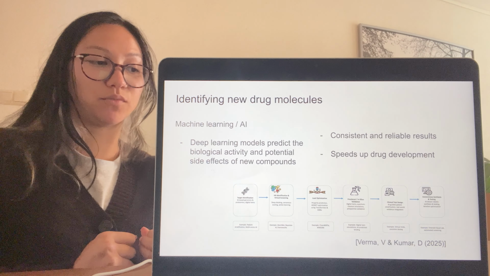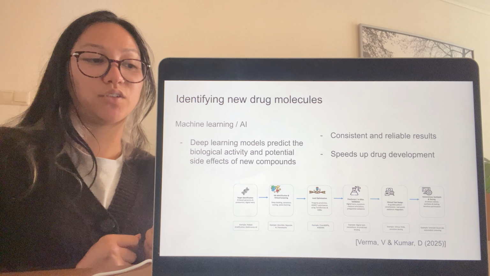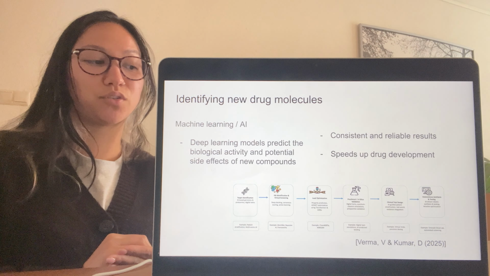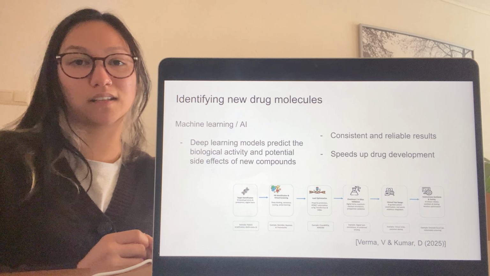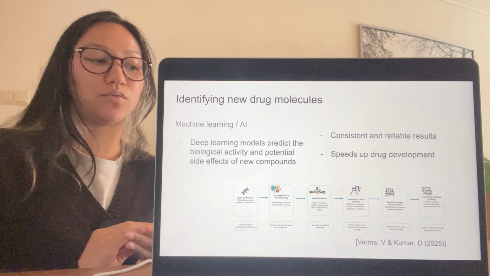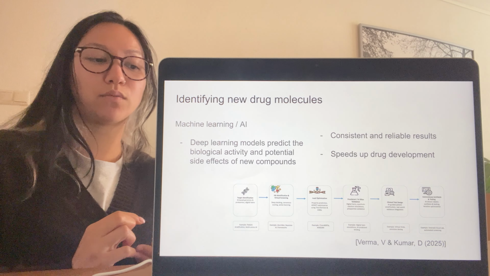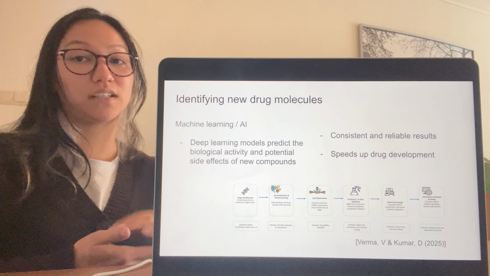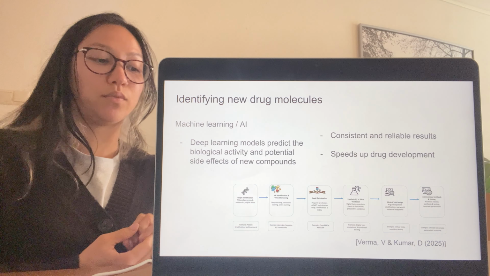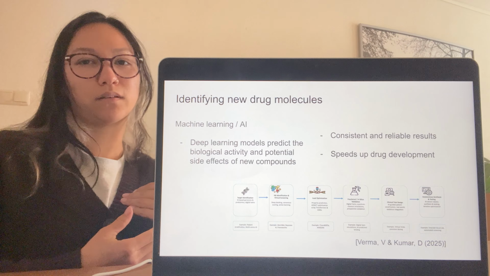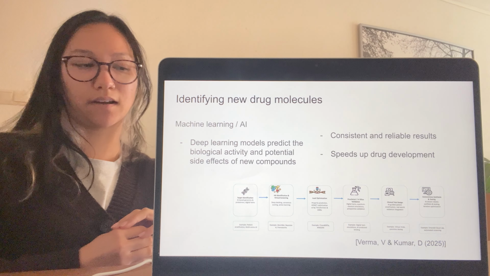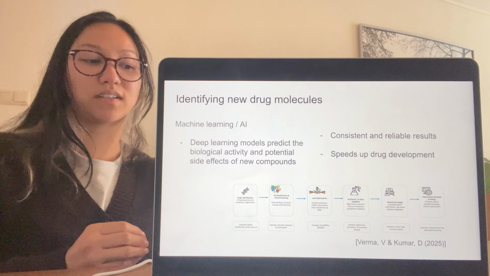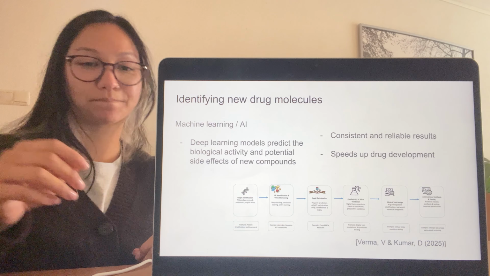And deep learning models use neural networks to predict molecule properties such as absorption, distribution, metabolism, and safety, etc. And there are also neural networks with transfer learning, where it can store knowledge from one task and transfer its learning to another problem, which is what I briefly touched upon in AI. And this also improves the predictive performance of drugs at later stages as well.